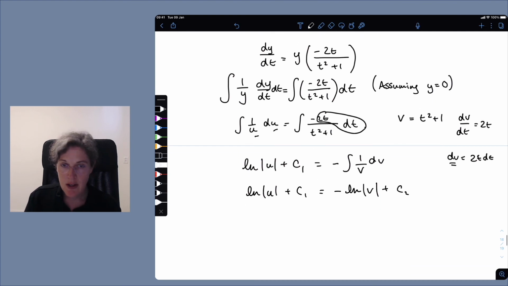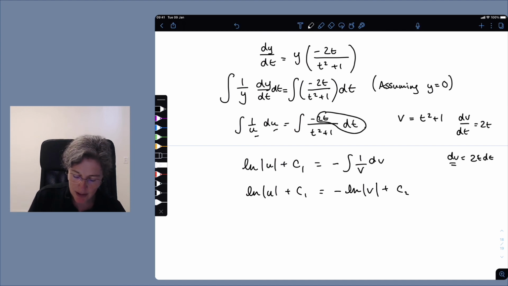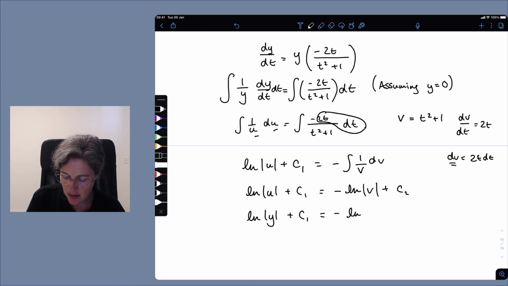Okay, now at this point you might be tempted to stop, but please don't, because our original variables were y and t. We've done a whole bunch of substitutions here, so we need to get our y's back. So we've got the natural log of the absolute value of y plus c1 is equal to minus the natural log of t plus c2.